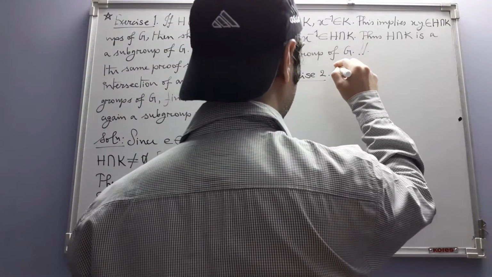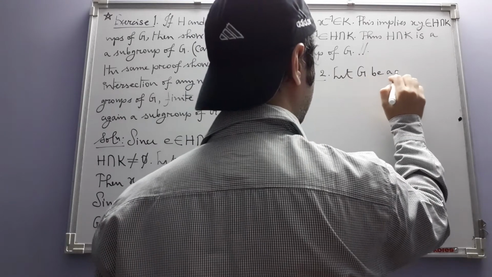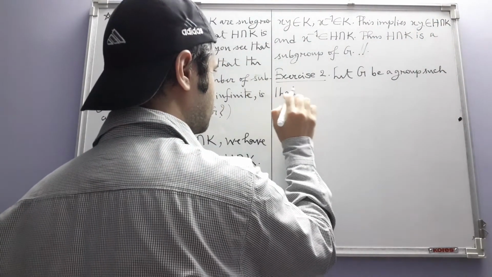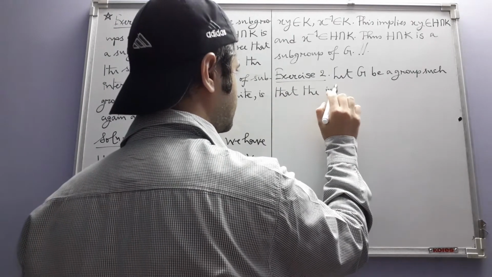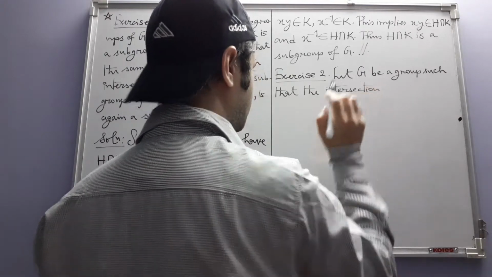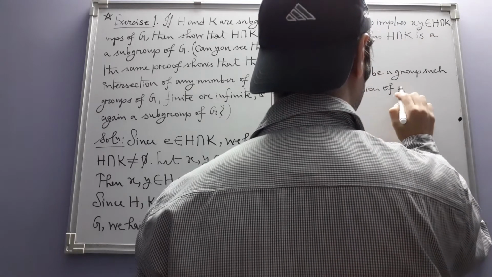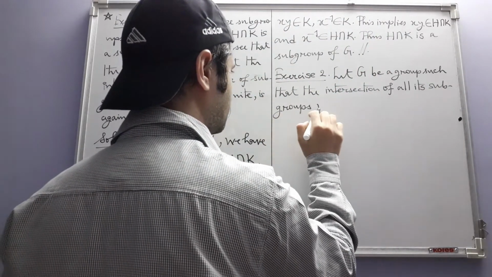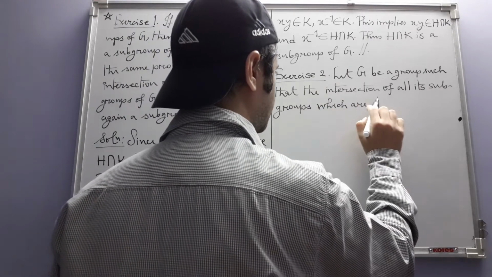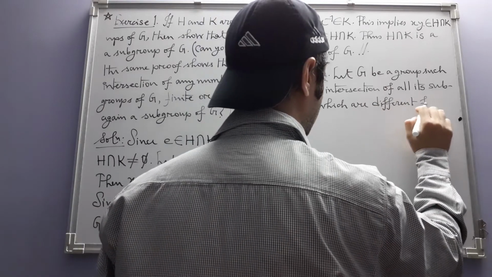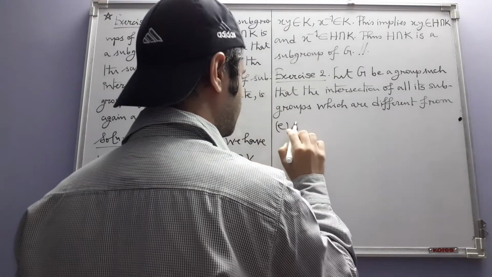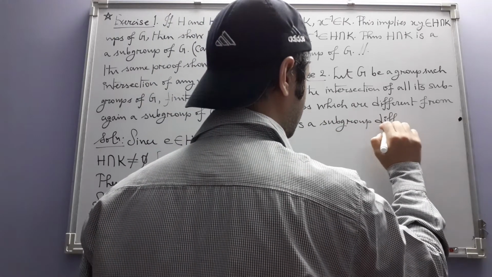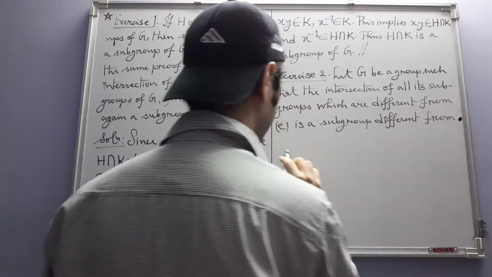The next one is this: let G be a group such that the intersection of all its subgroups which are different from the trivial group is a subgroup different from the trivial group.